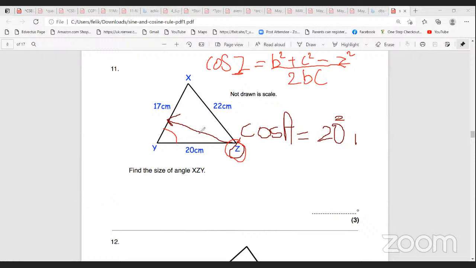Yes, that is side y. So take out the 20 and put 22. It doesn't make a difference, but because you had y before, I want to make sure that you're able to identify which side is y. So 22 square.